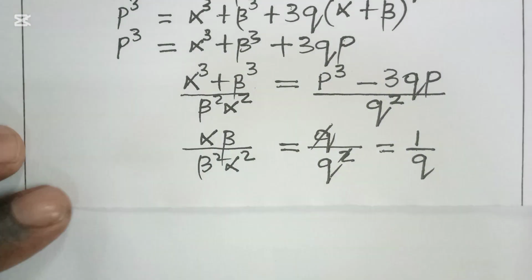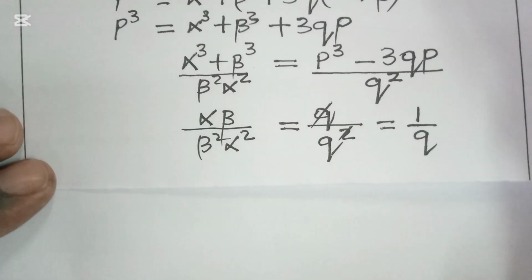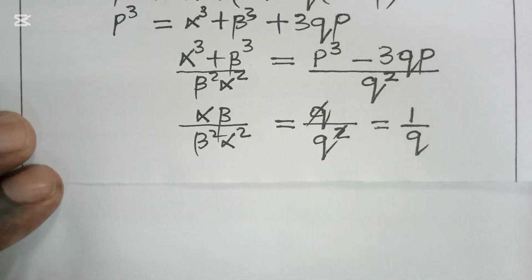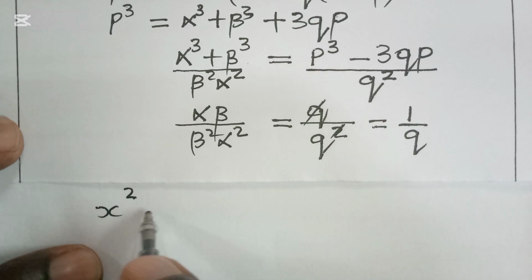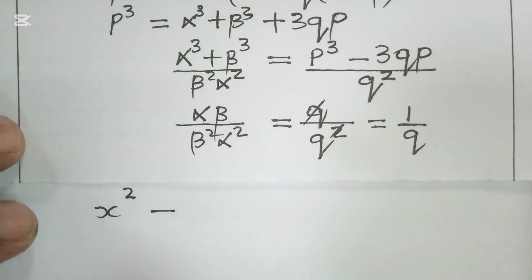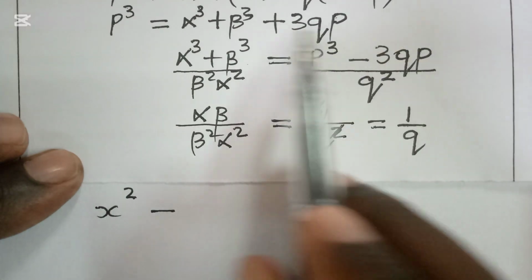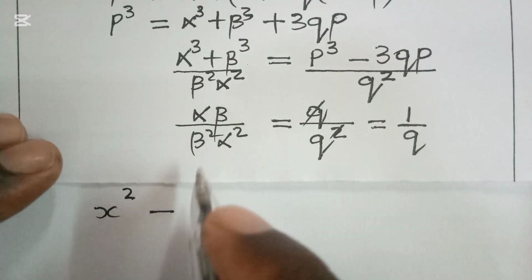We shall have now x squared minus the sum, not the product, but the sum, that is now p cubed.